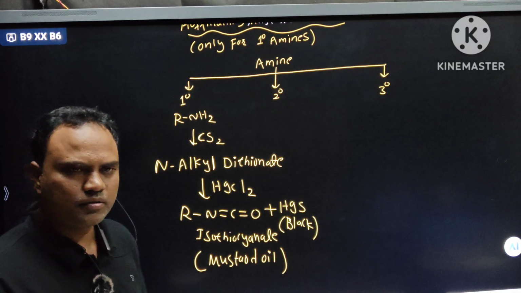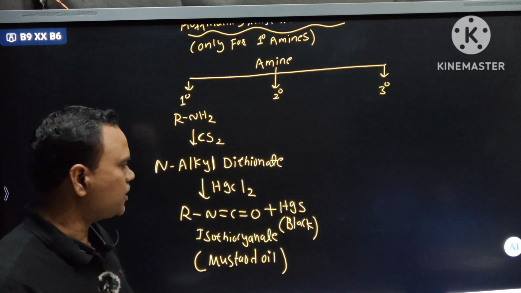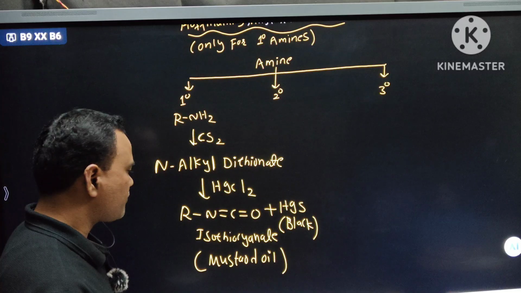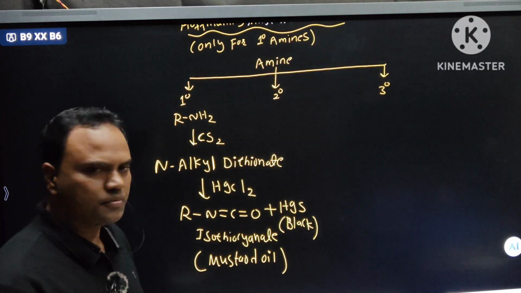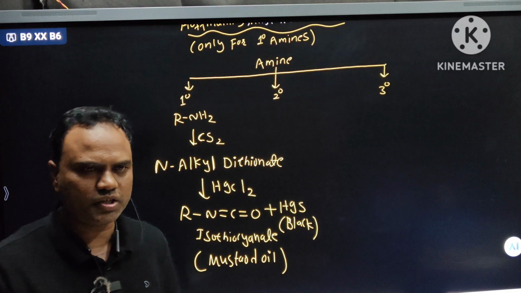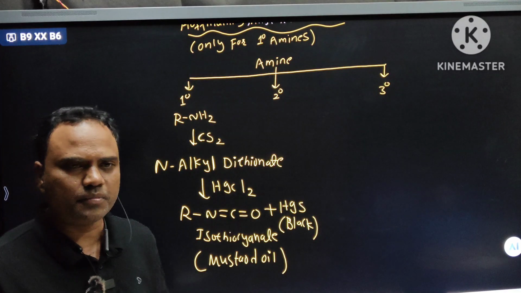After treating N-alkyl dithiocarbamate with HgCl2, mustard oil smell or black precipitate formation indicates the presence of primary amine.